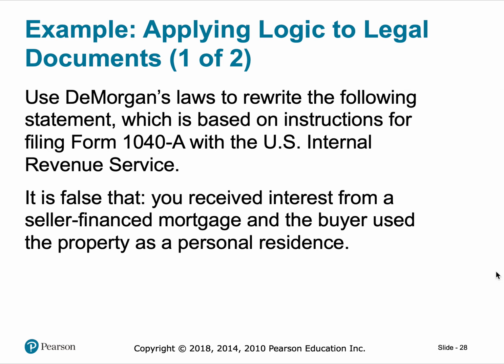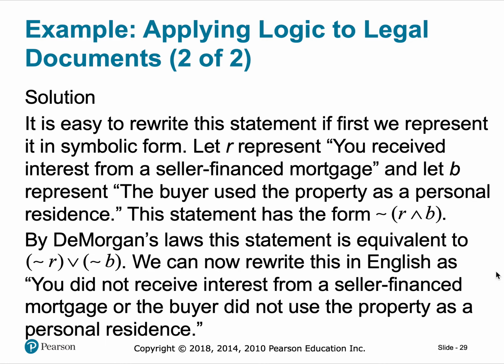If I want to use De Morgan's laws to rewrite some statements based on the instructions of filing the 1040A tax form, it is false that you received interest from a seller finance mortgage and the buyer used the property as a personal residence. So that's the statement and the information we're going off of. It's easy to rewrite this statement if first we represent it symbolically, with R representing you received interest from a seller finance mortgage, and B representing the buyer used the property as a personal residence.